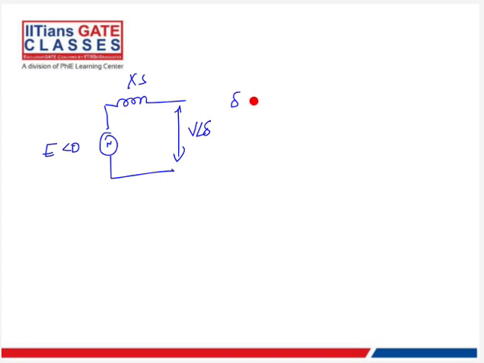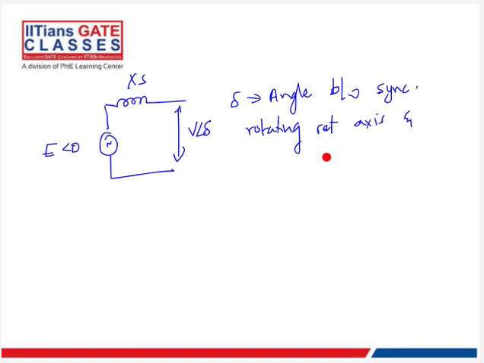Delta is the angle between the synchronous rotating reference axis and the magnetic field. It's not exactly the physical difference between rotor and stator, but the magnetic electrical equivalent, right?